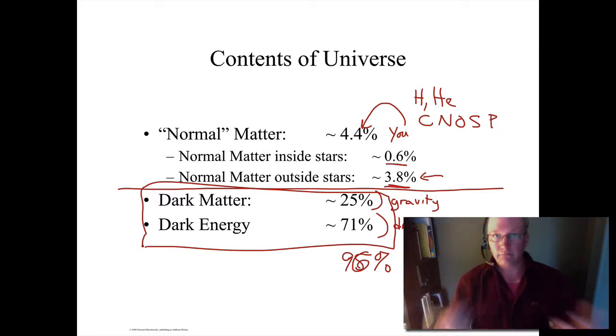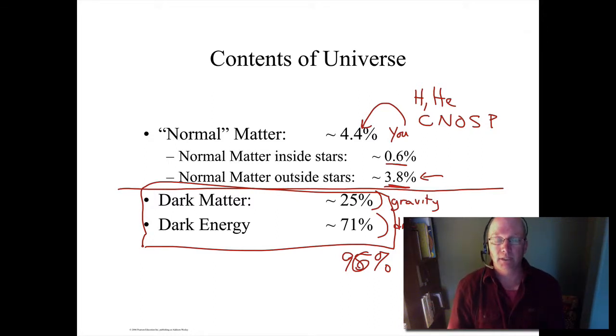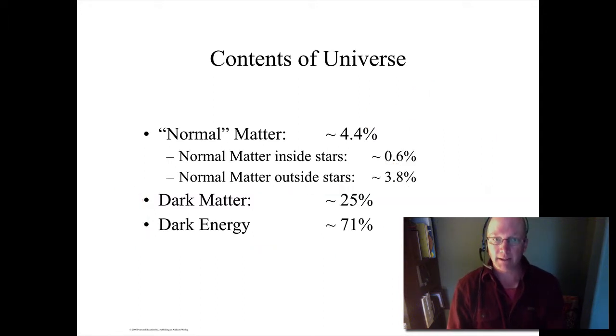It's nothing in our room is this stuff. So this is pretty staggering to contemplate, that most of the universe, in fact, a large fraction of it, is stuff we've never even seen before. We've only indirectly detected.